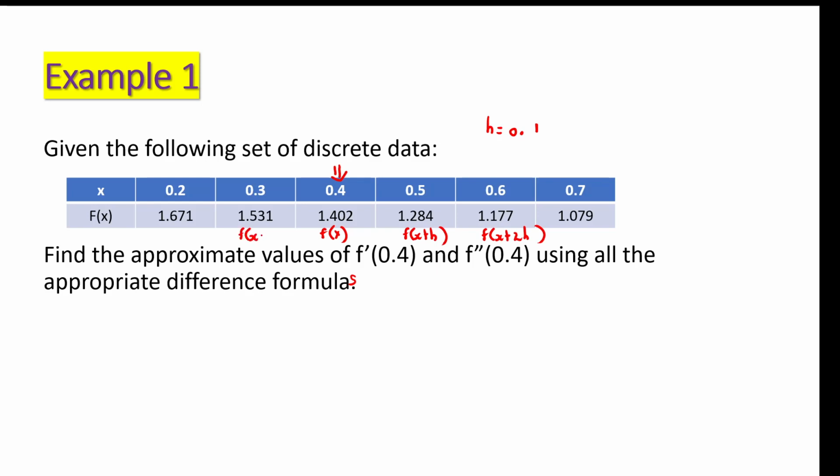This is f(x-h), this is f(x-2h). So you have all the points. Hence, in this example, you can calculate the first derivative using all the formulas, and also the second derivative using 3-point central and 5-point central.